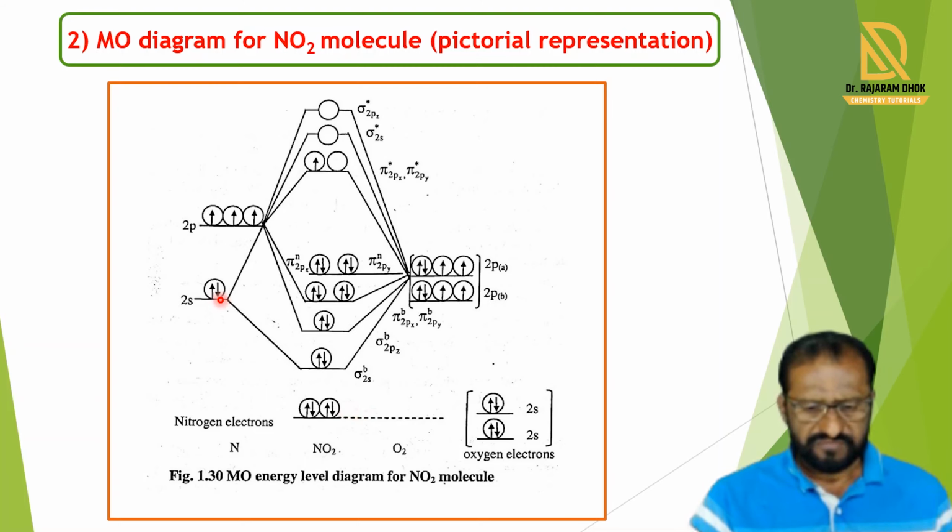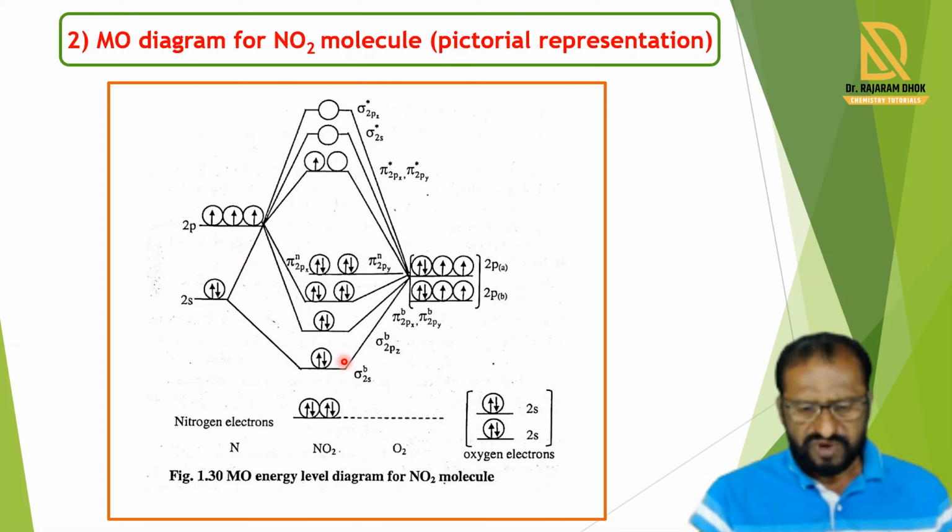Now 2 electrons from 2s of nitrogen and 3 electrons from 2p of nitrogen, that is 5 electrons, and from every oxygen 4 and 4, 8. So 8 and these 5, 13 electrons are filled here.